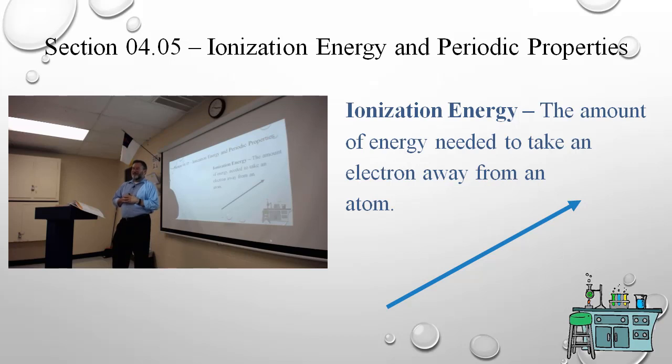Figure it out. The higher and the righter one, right? The one that is higher and righter. But the higher and the righter it is, the more ionization energy, the more energy it takes to take it away, which means the more energy it's applying to hold on to it.